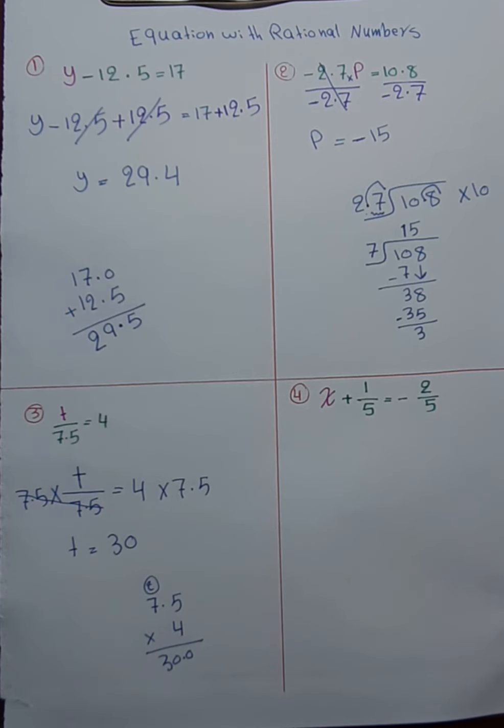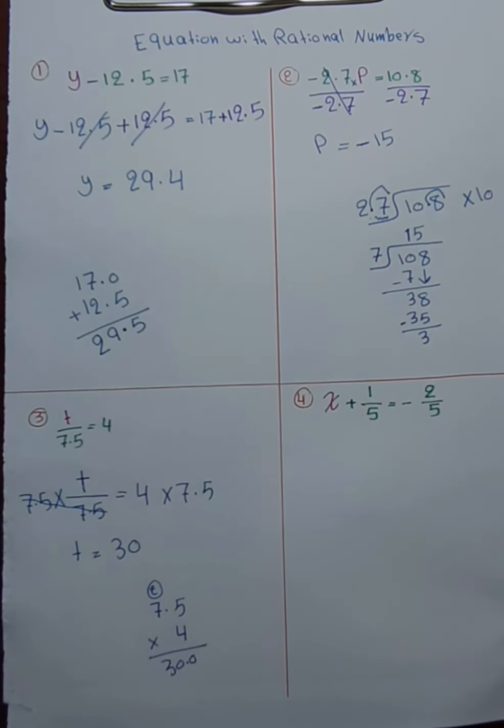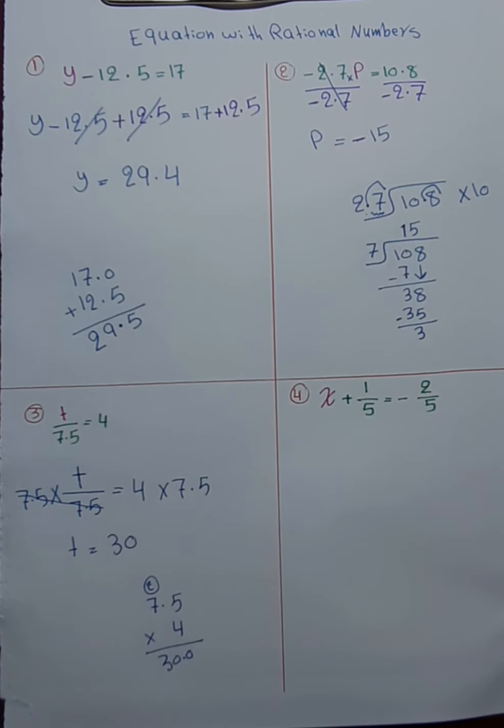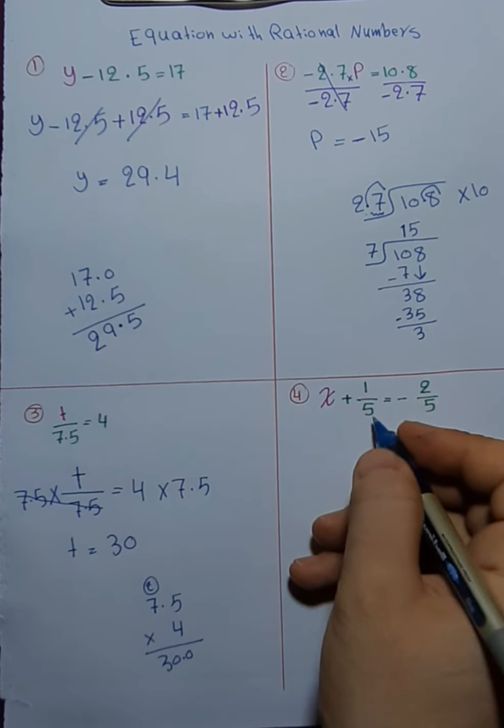Example number 4. We have x plus 1 out of 5 equal to negative 2 out of 5. We have to take the inverse of positive 1 out of 5.